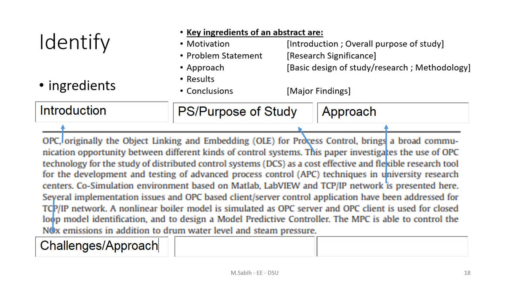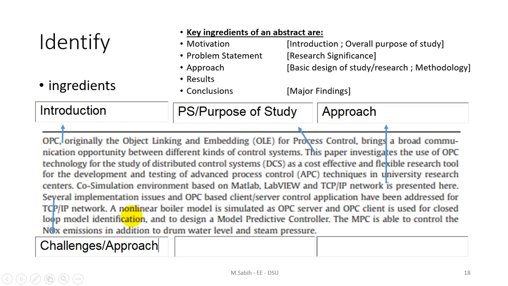If you don't write this, nobody knows. When some challenging new thing is mentioned in an abstract, it means it has a real meaning of challenge: several implementation issues and OPC based client server control application have been addressed for the TCP network.